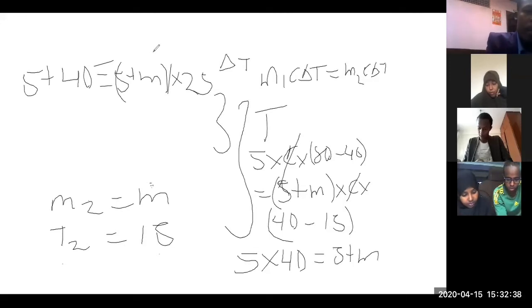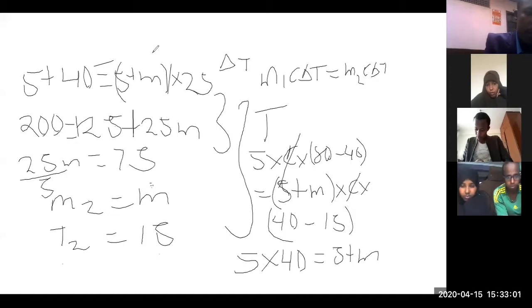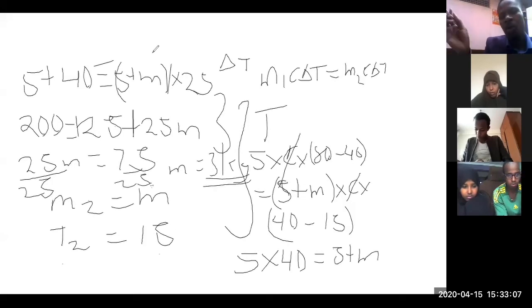Now from there, we are going to have 200 is equal to 125 plus 25 m. So 25 m is equal to 75, and dividing 75 by 25, m is going to be equal to 3. So actually 3 kgs of water is what was added.